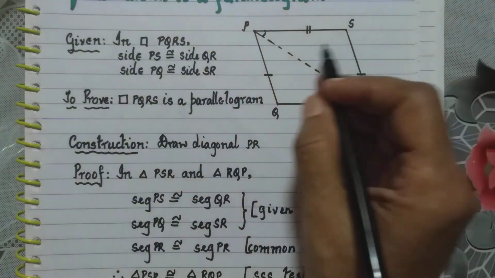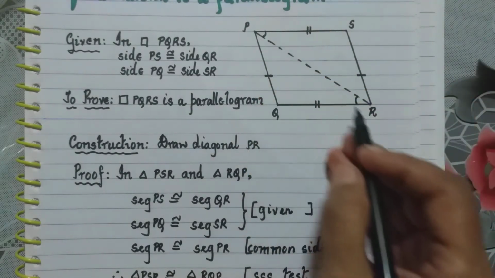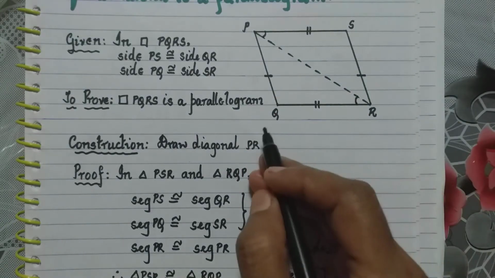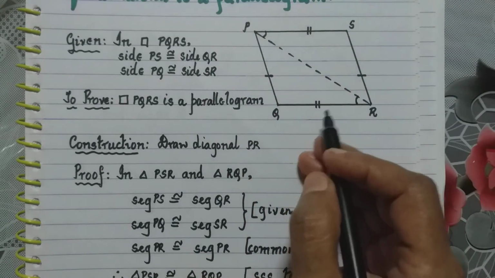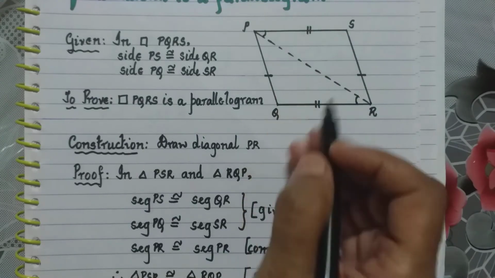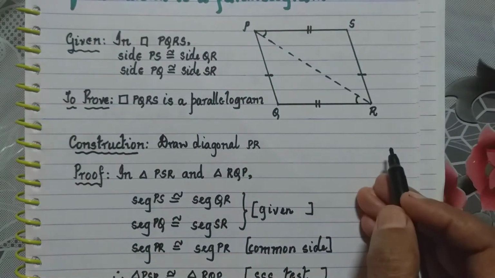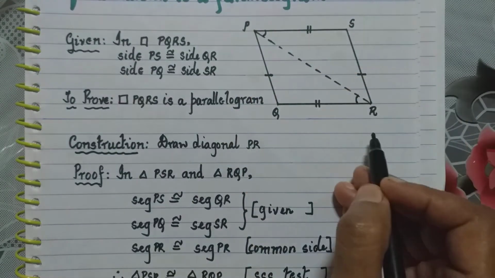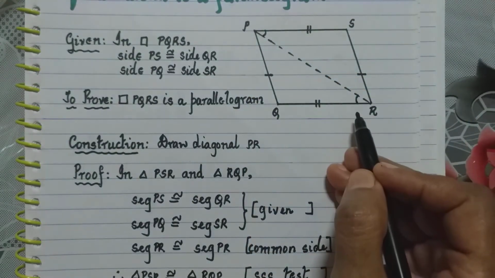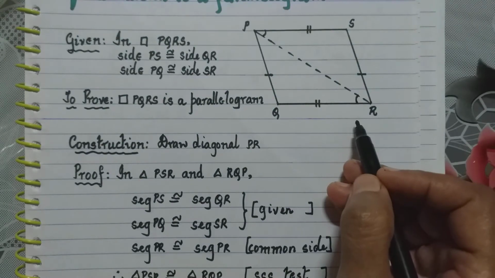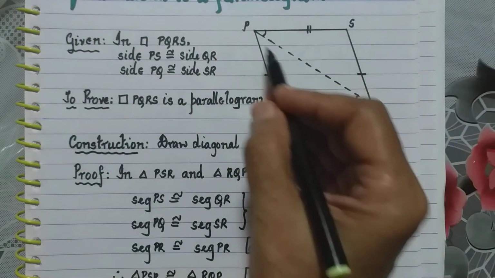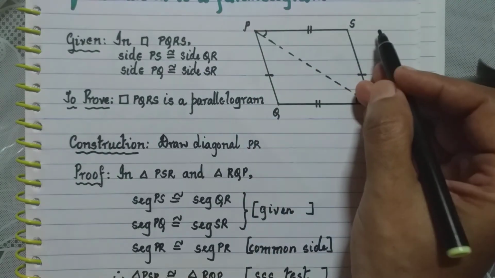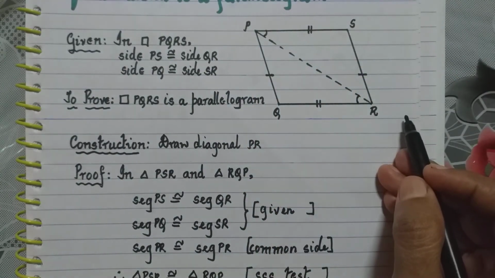Now see how we have marked the angle SPR. SP is having two lines and PR is the common side. QR is having two lines and RP is the common side. So we have taken angle SPR and angle QRP. But we also notice that these are the alternate angles formed by this transversal PR of the segment PS and segment QR.